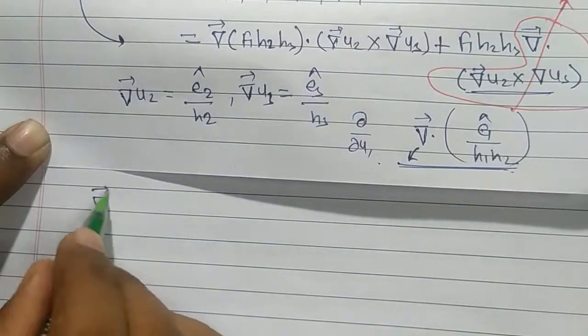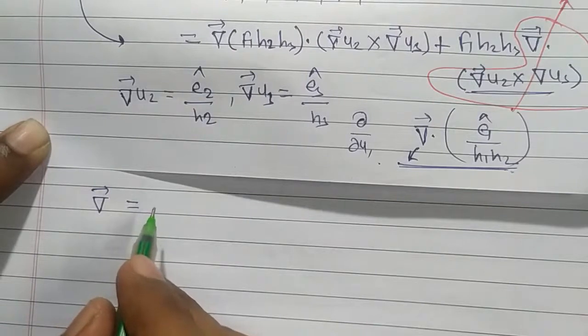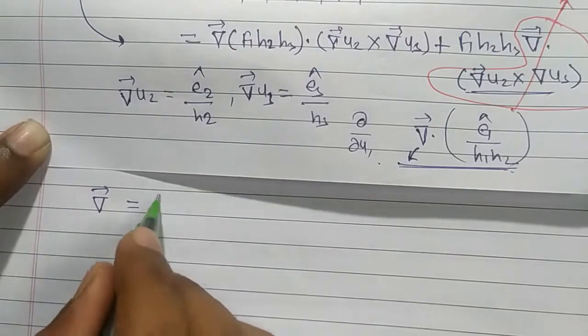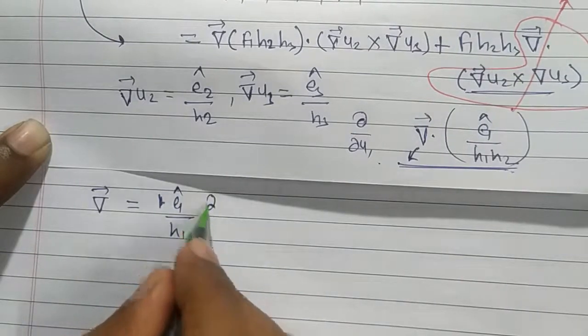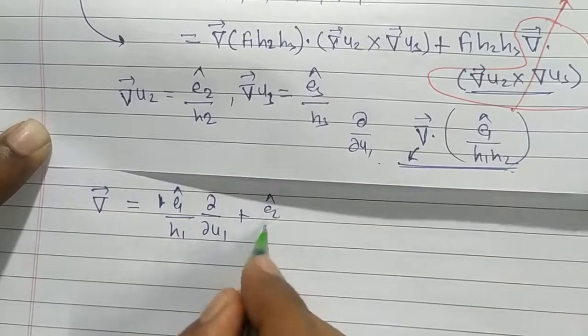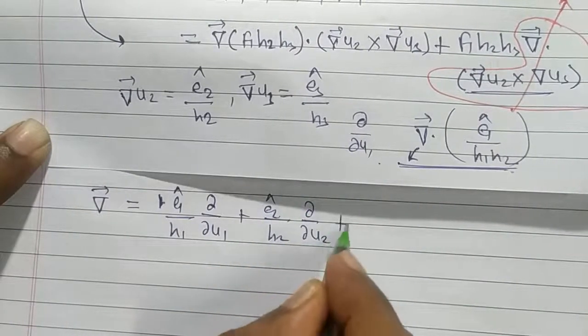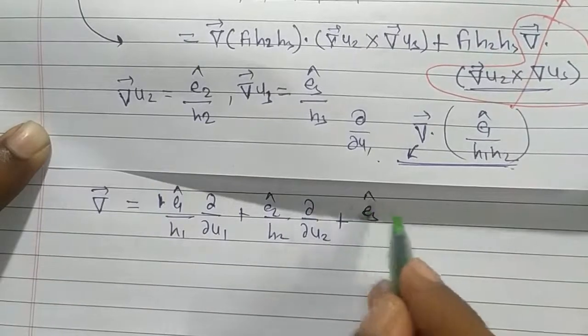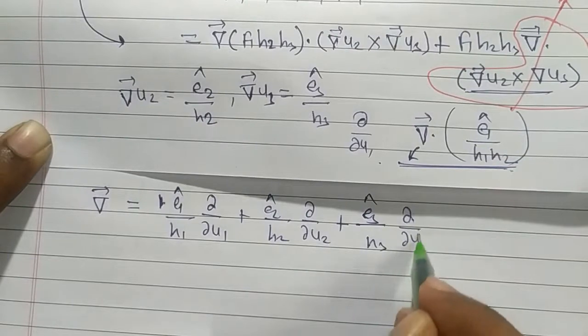As we know, del bar in orthogonal curvilinear coordinate system is e1 cap upon h1 ∂/∂u1 plus e2 cap upon h2 ∂/∂u2 plus e3 cap upon h3 ∂/∂u3.